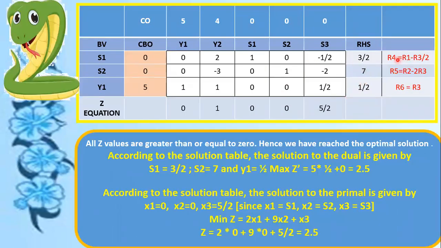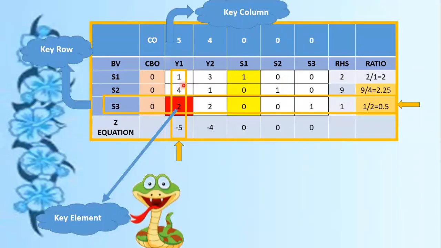So for R4 it is R1 minus R3 by 2. So R1 is 1 minus 2 by 2 is 1. 1 minus 1 will be 0. Again here 3 minus 2 by 2 is 1. 3 minus 1 is 2.